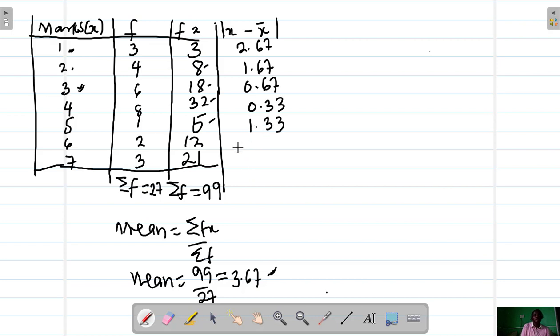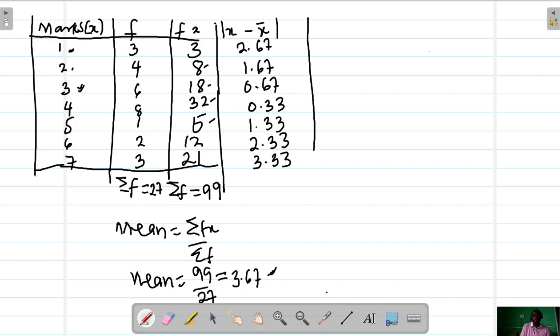Then also 6 minus 3.67, that one too, we get 2.33. Then come to 7 minus 3.67, then we get 3.33.